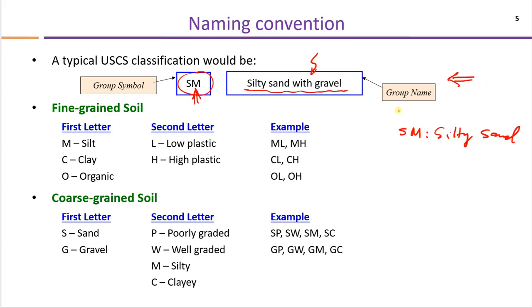Okay, so for fine grained soils, when passing 200 is more than 50%, as I told you, the first letter is going to be M for silt, and C for clay, and O for organic. Organic soil means the soil that contains organic material. If there is no organic material, we are not going to use it.